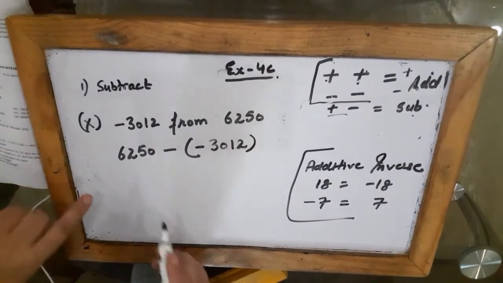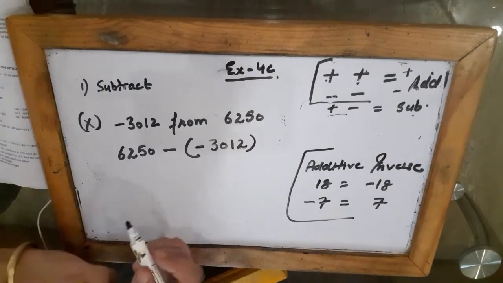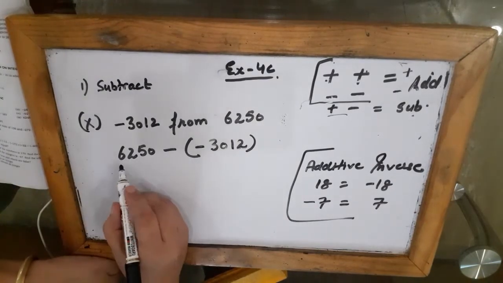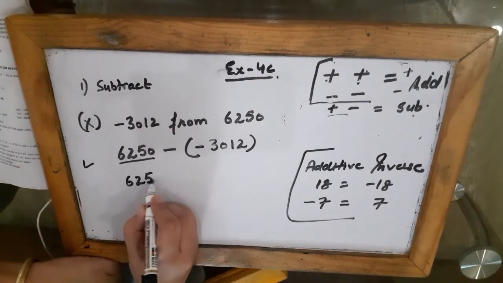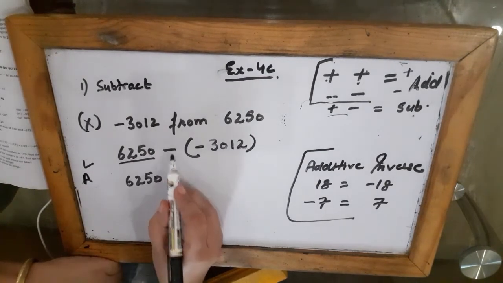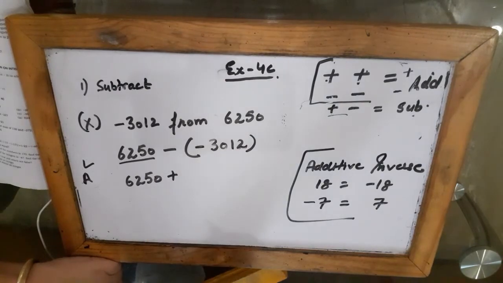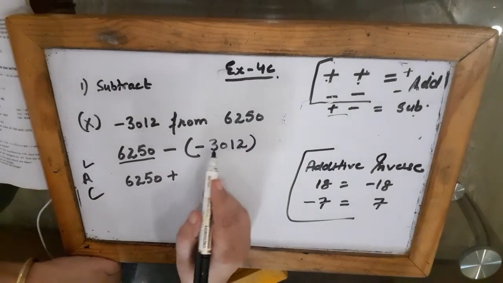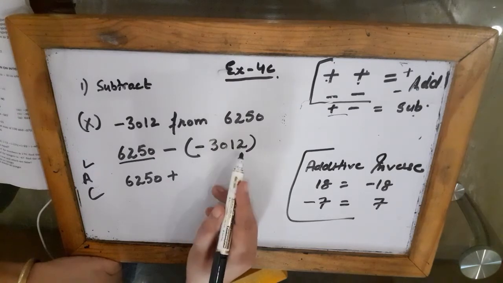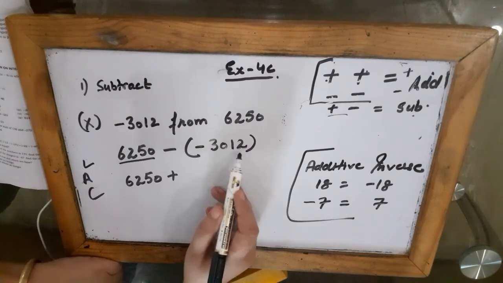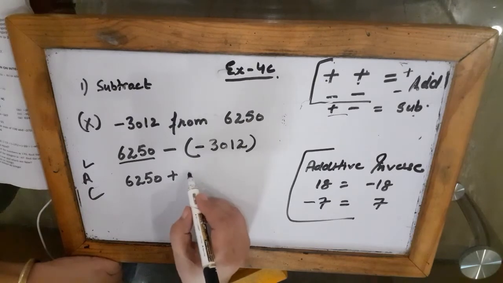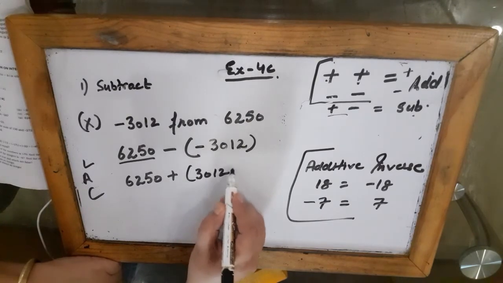So when I subtract, first I will leave the first number as it is, then add means the sum of subtraction I will change into a sum of addition, and change means I will change the sign of the second integer. I will write the additive inverse of this.